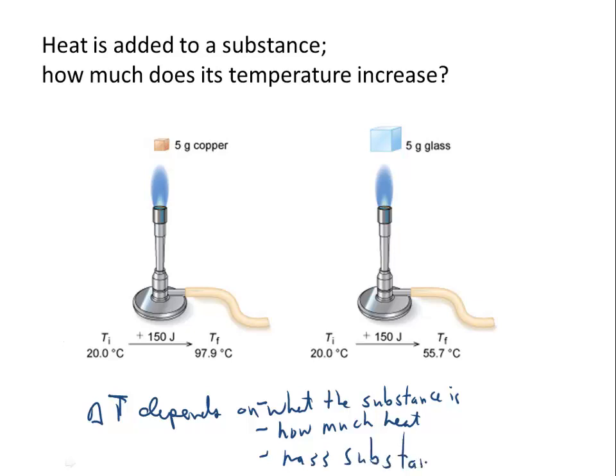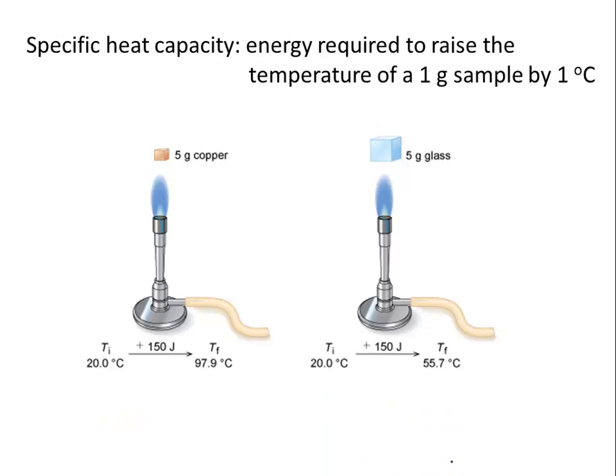So those three things will be connected together. What the substance is, how much heat you're adding, and what the mass of the substance is. That's what's going to relate to how much the temperature of the substance changes when it's heated. To look at the substance itself, we use a concept called specific heat capacity.